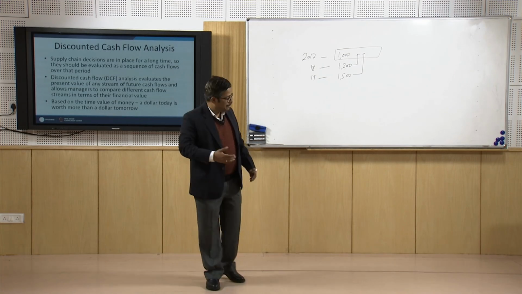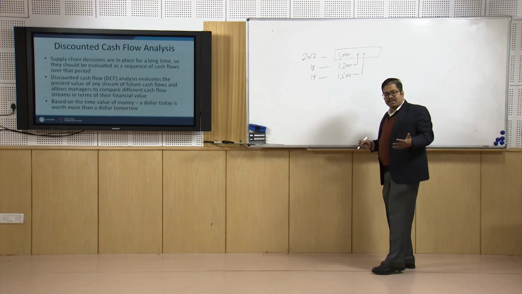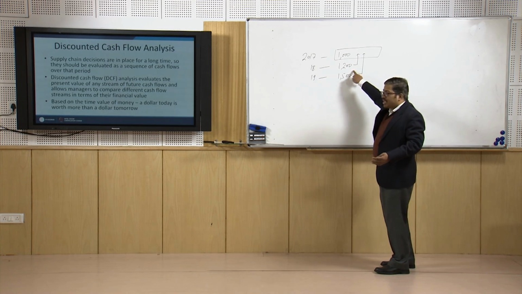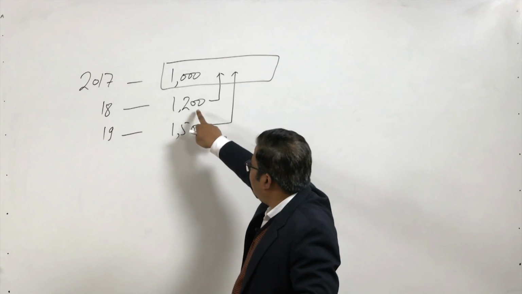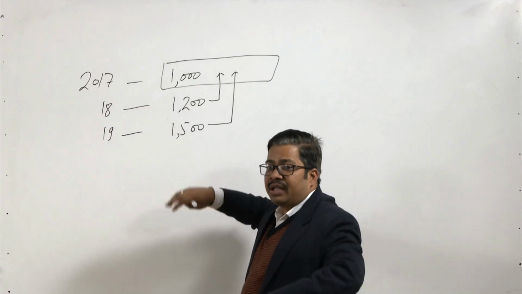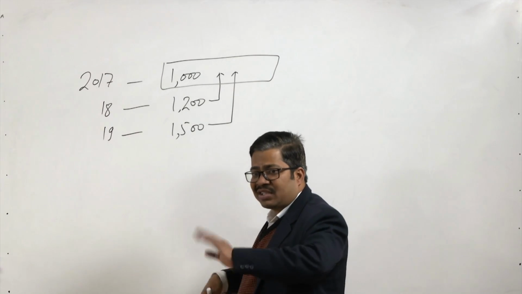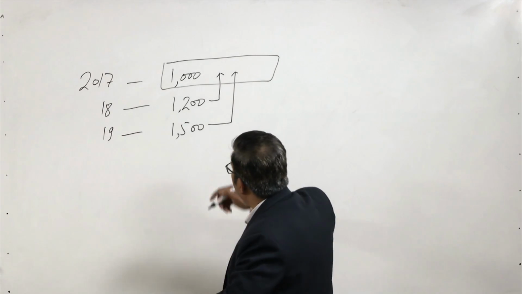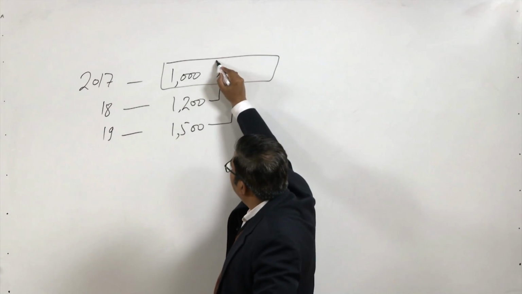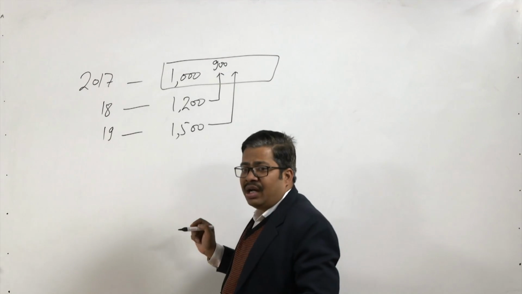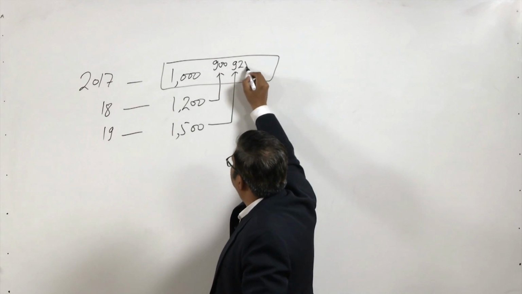So, for that purpose it is quite possible that in absolute terms 1200 looks more than 1000 rupees and 1500 looks more than 1200 and 1000 rupees. But it is quite possible, I have not considered the rate of discounting, but it is possible that the present value of 1200 rupees is just 900 rupees and present value of 1500 rupees may be 925.